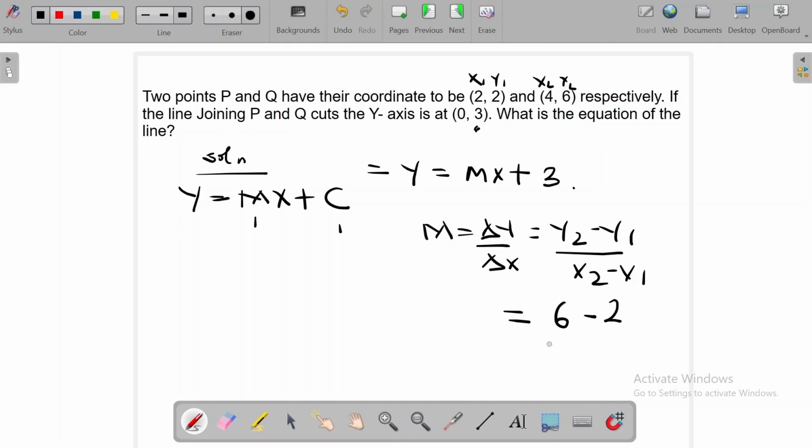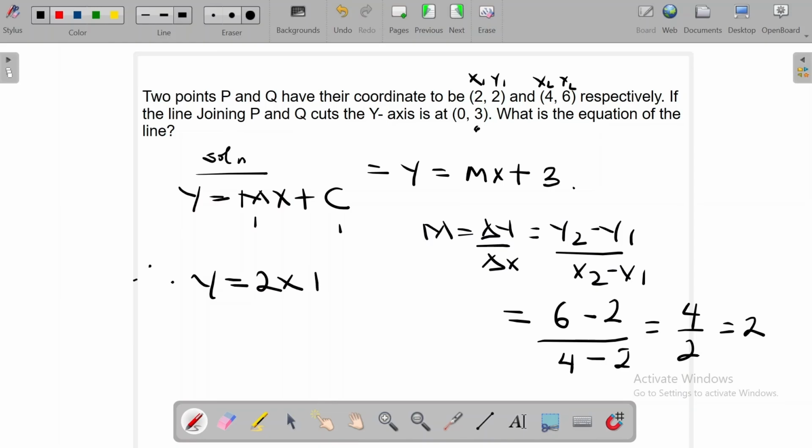It is 2. What is my x2? It is a 4. And what is my x1? It is a 2. This gives you 6 minus 2 gives you a 4 over 2. So I'll end up getting a 2. So therefore, the equation of this line would be y is equal to 2x plus 3. And you're done.